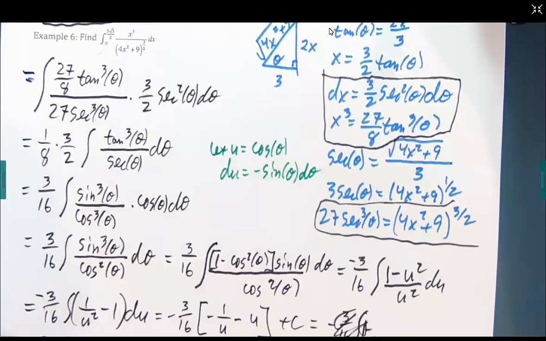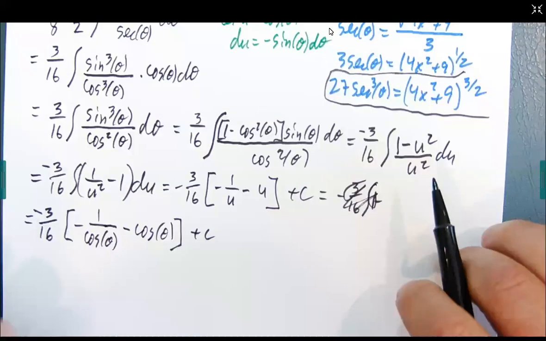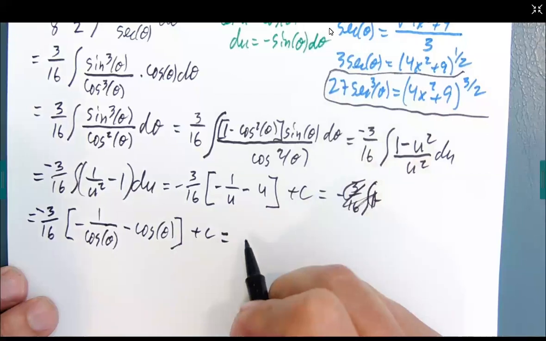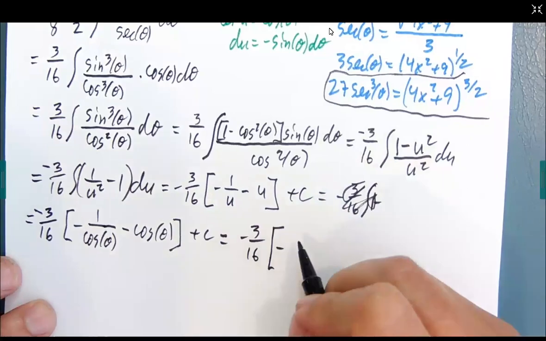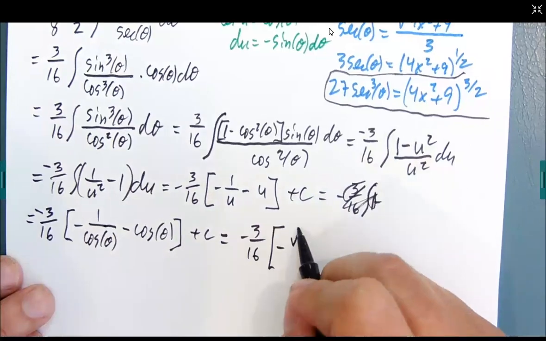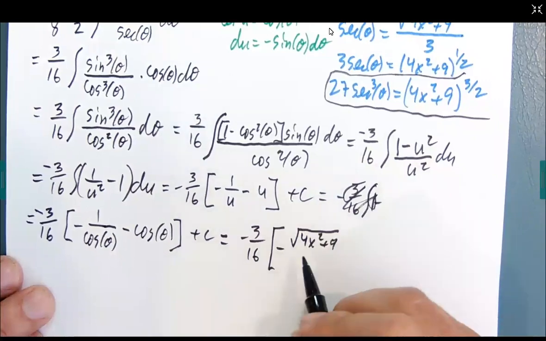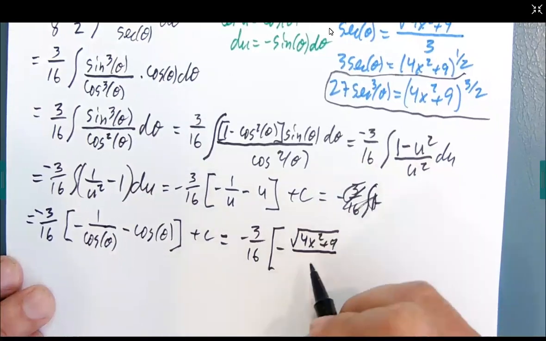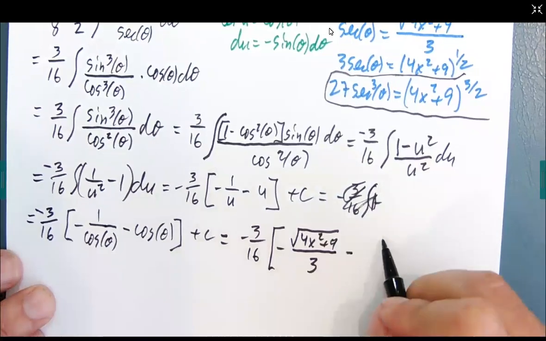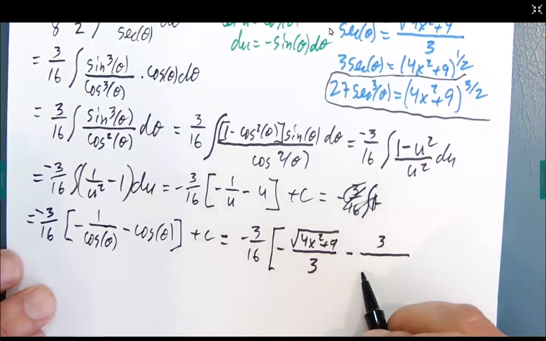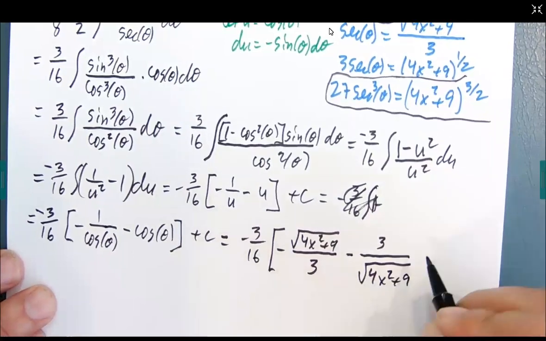Secant is the hypotenuse over the adjacent. Negative the hypotenuse, which is the square root of 4x squared plus 9, over the adjacent, which is 3, minus cosine, which is the reciprocal of that: 3 over the square root of 4x squared plus 9.